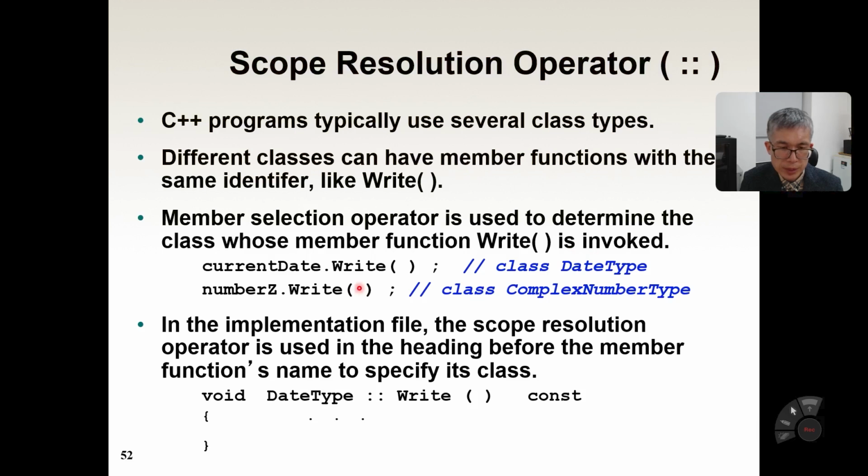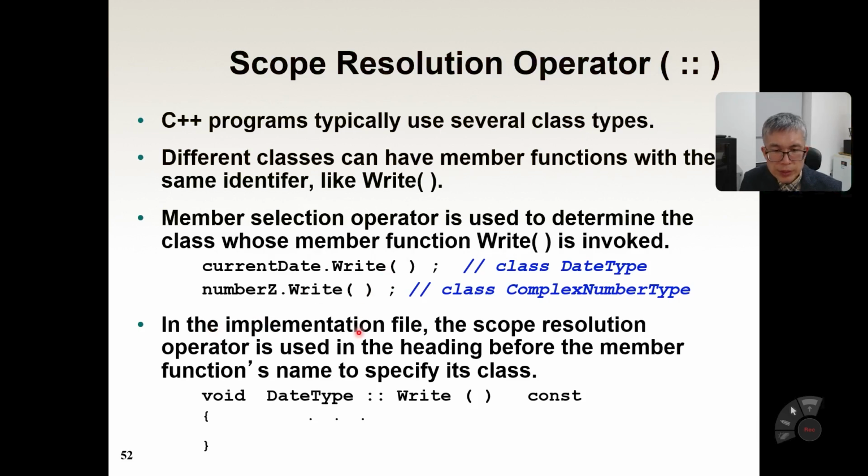So you can see currentDate and a complex number, each with write. The specific object and function types are also different. This currentDate is of class data type, and this write is a complex number type member function. So this information is different.